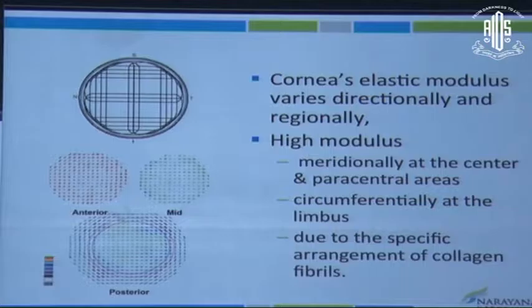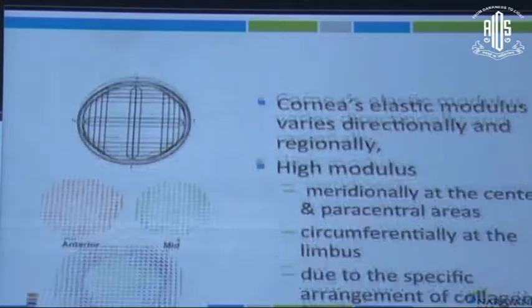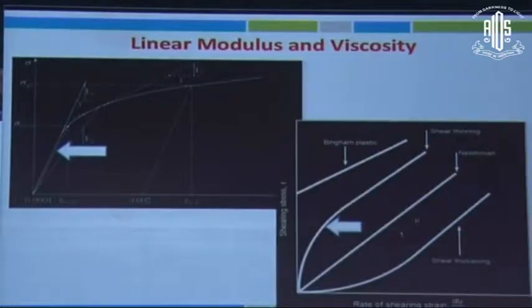In the same way, if you look at the layers of the cornea, the anterior 200 microns is different, much stiffer. The middle 200 microns is a little less, and in the posterior 200 microns the fibers are not as strong as the anterior one.